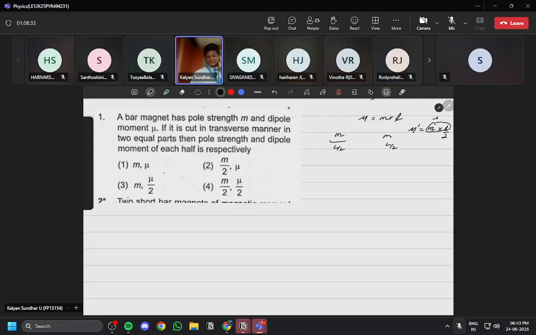So m into L is nothing but your initial mu, and the answer will be the third option. The pole strength remains the same and the magnetic dipole moment is reduced by half.